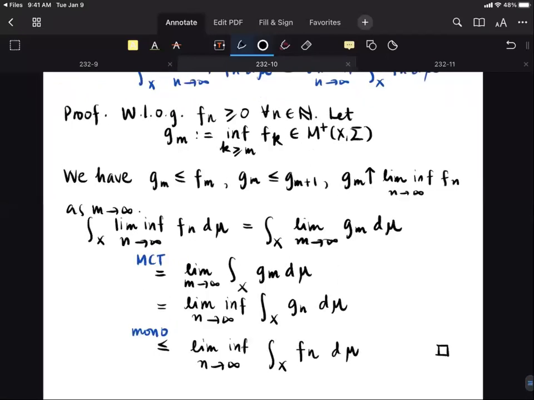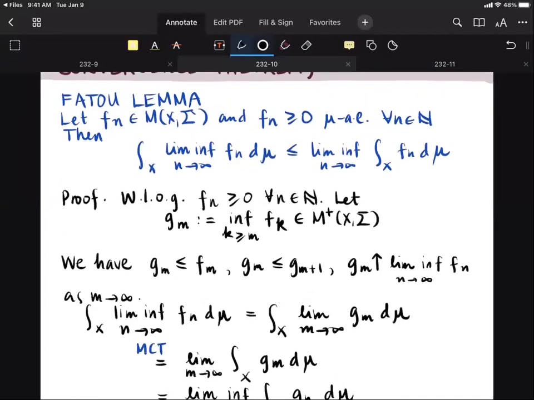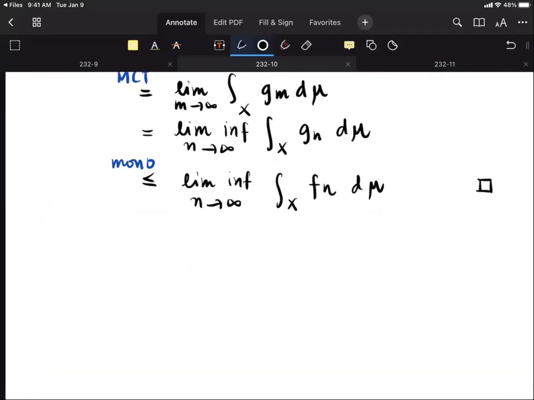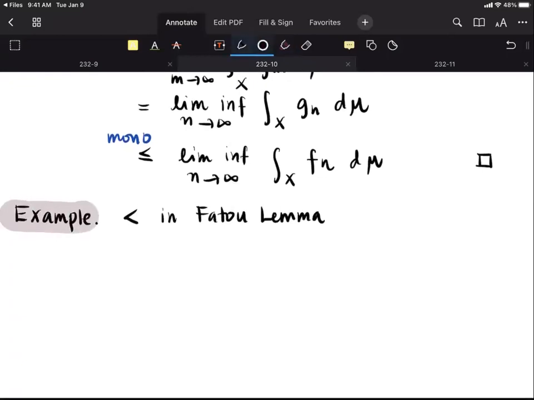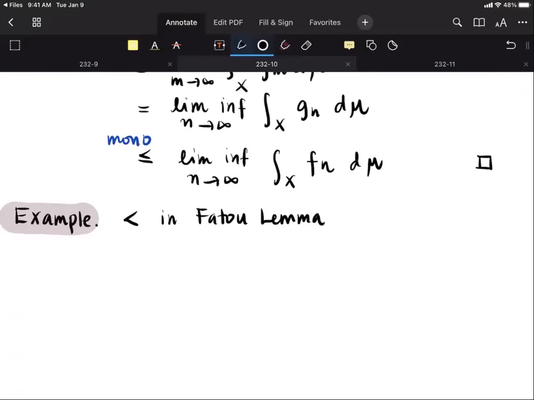Okay, so here, in fact, we can have a strict inequality, and it is provided in the following example. So we can have a strict inequality in Fatou's lemma. Let us consider the real valued function f sub n under the n-dimensional Lebesgue measure.